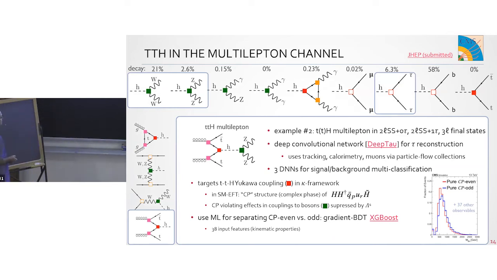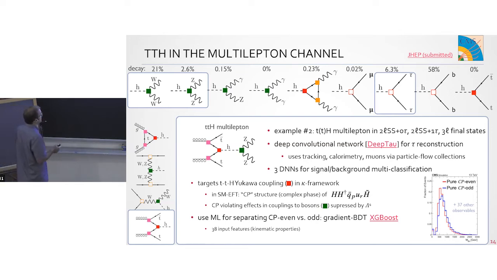So let's now look at machine learning of SMEFT, which is equally simple, conceptually at least. In this analysis, which is from CMS, we focus on the TTH production mode. We stay there. However, we look at the different decay modes.